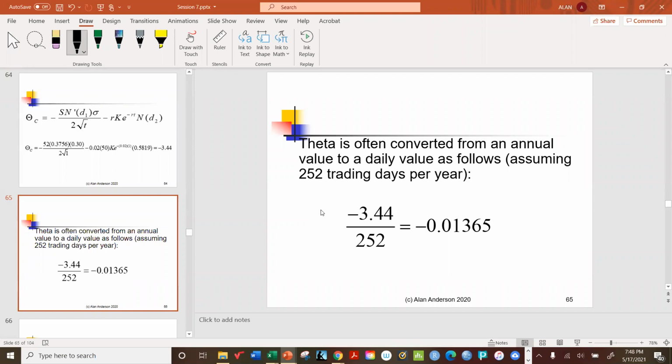And so that means this is how much the value of the option declines for every day that we get closer to the maturity date. In other words, if nothing else changes, one day goes by and the option price should fall by about 1.365 cents just because of this so-called time decay.